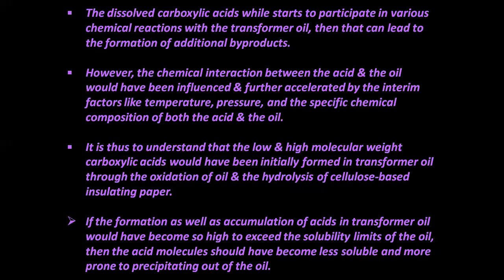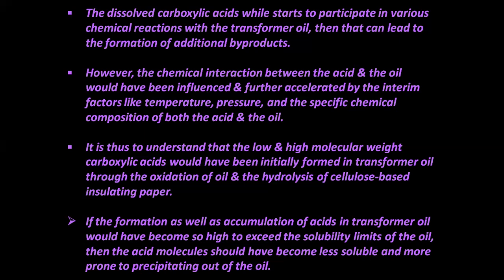It is thus to be understood that low and high molecular weight carboxylic acids would have been initially formed in transformer oil through oxidation of oil and the hydrolysis of cellulose based insulating paper.